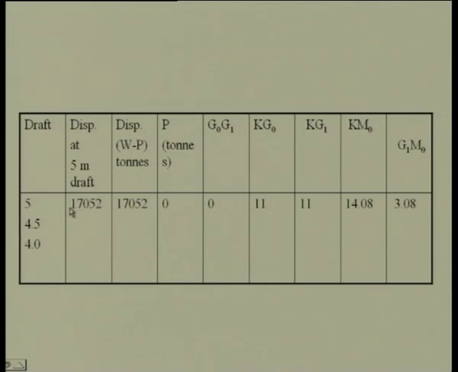Then P will keep increasing: 0, it becomes 1,800, 2,000, 3,000, 5,000 like that, and therefore, W minus P will keep decreasing. The value 17,000 will keep decreasing, going down to about 8,000 by the time it reaches around the 2.5 meter water line.